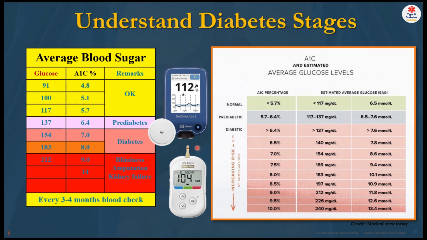Make sure it's clean. Okay, and then this is the average blood sugar. If your sugar is 100, you are 5.1, 5.2. This is how diabetes is determined.